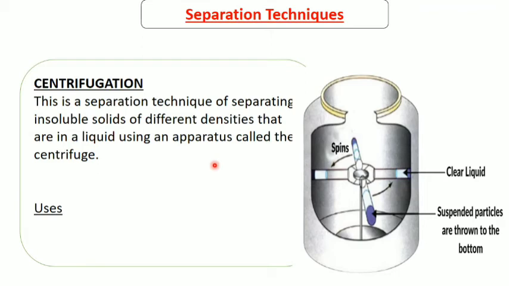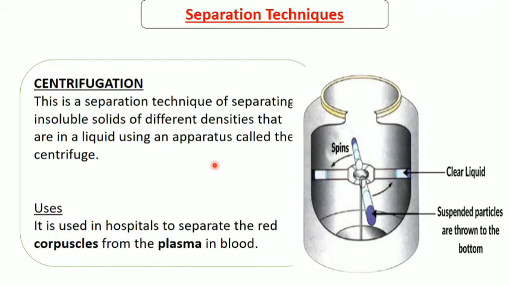What are the uses of centrifugation? I'll just give one example, which is a very good application of centrifugation, and it is done in hospitals. It is used in hospitals to separate the red corpuscles from the plasma in blood. Blood has got the solid part and the liquid part. The liquid part is called plasma, and the solid part of it is the red corpuscles.